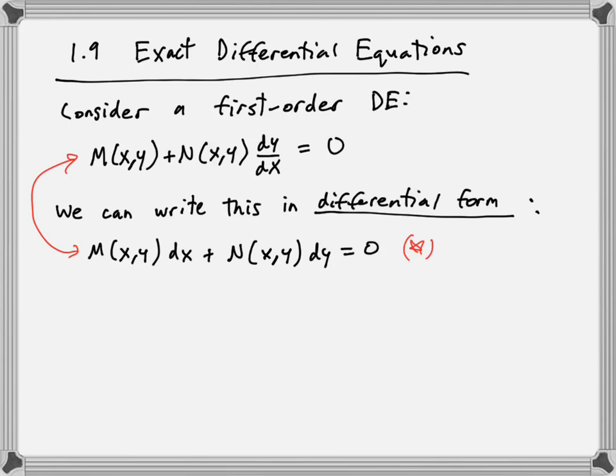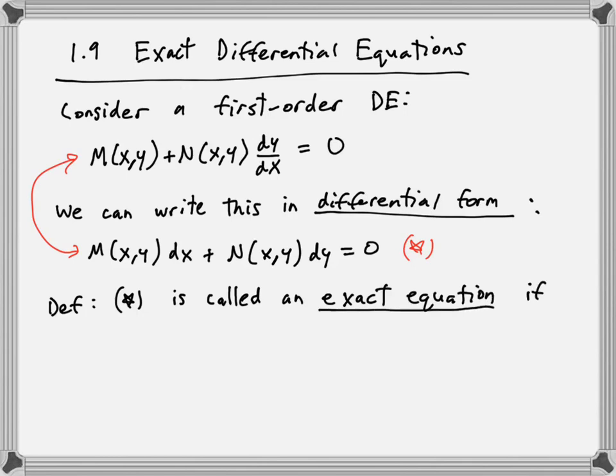I want to give you a definition. The star that we just wrote down is called an exact equation if there exists a function phi of x,y such that M is equal to the partial of, oh, I should write this as a capital phi, just because that's the way your book writes it.